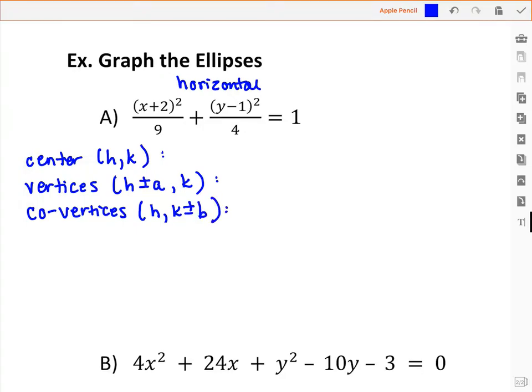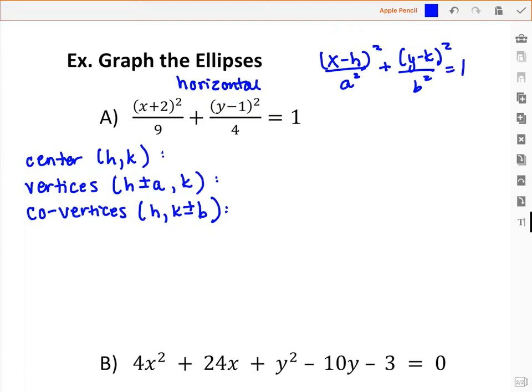Okay, so starting with the center, we need h and k. Remember that the standard form for the horizontal is (x minus h) squared over a squared plus (y minus k) squared over b squared equals 1. So h and k is what we need to find.